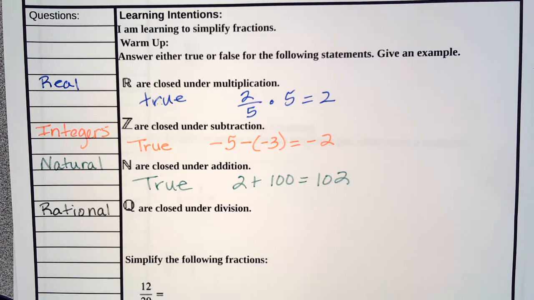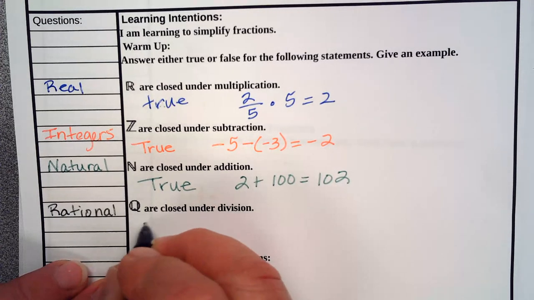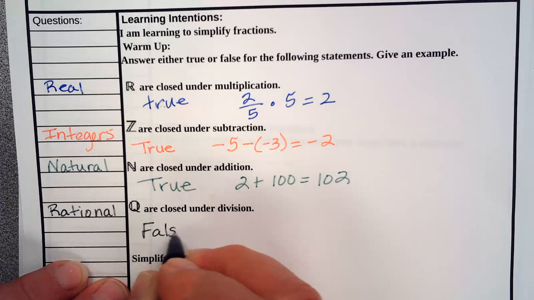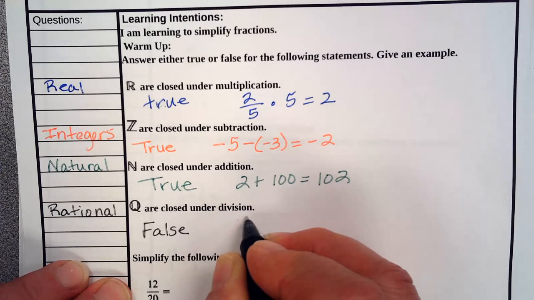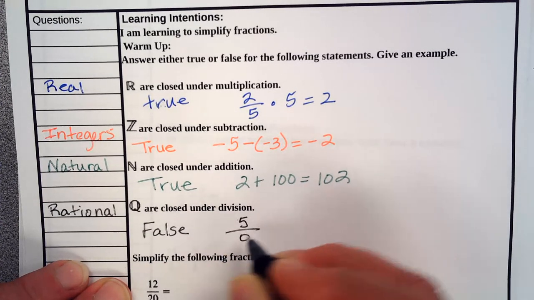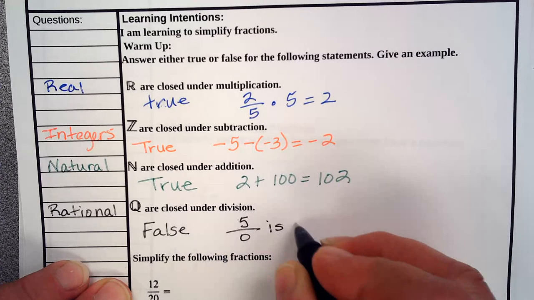Because if there's that one number I cannot divide by, then I know it will not be closed. Is there any number I cannot divide by? Yes, I cannot divide by 0. That's undefined. So this would be a false statement because 5 divided by 0 is undefined.